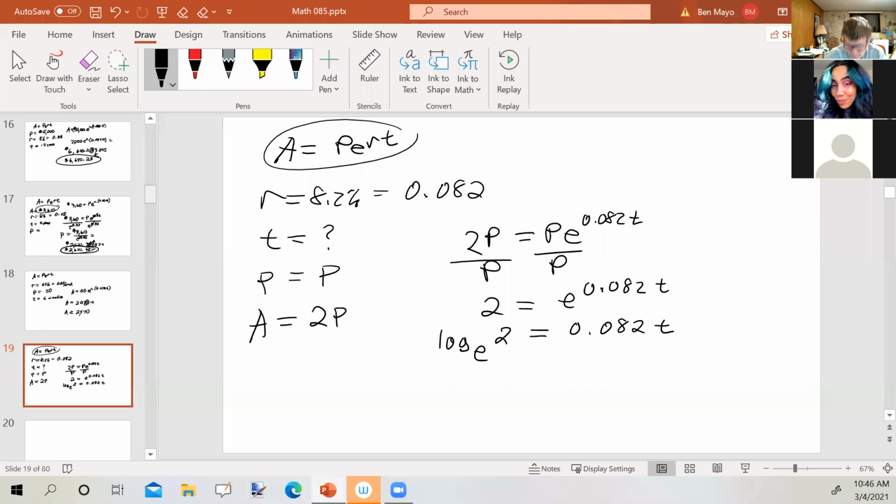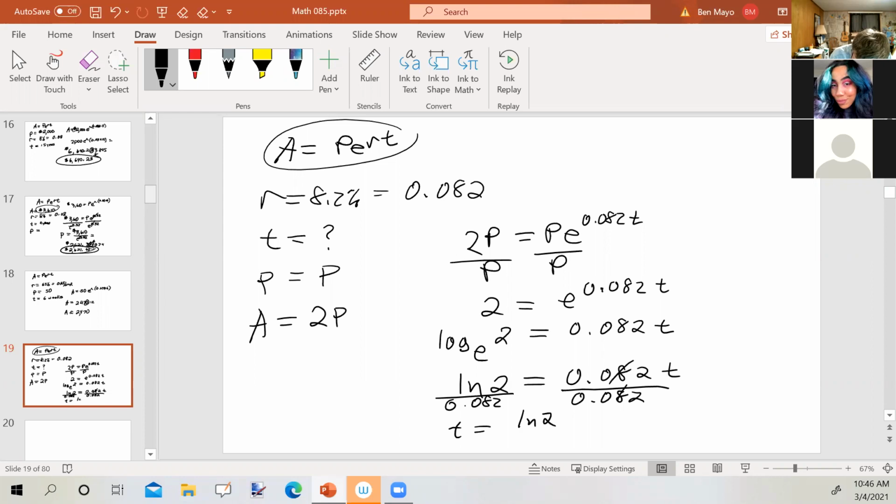But isn't log base e natural log? Oh yeah, there you go. So the natural log of 2 is 0.082 times t. Let's divide both sides by 0.082. And we get t equals the natural log of 2 divided by 0.082. Let's put that in our calculator.